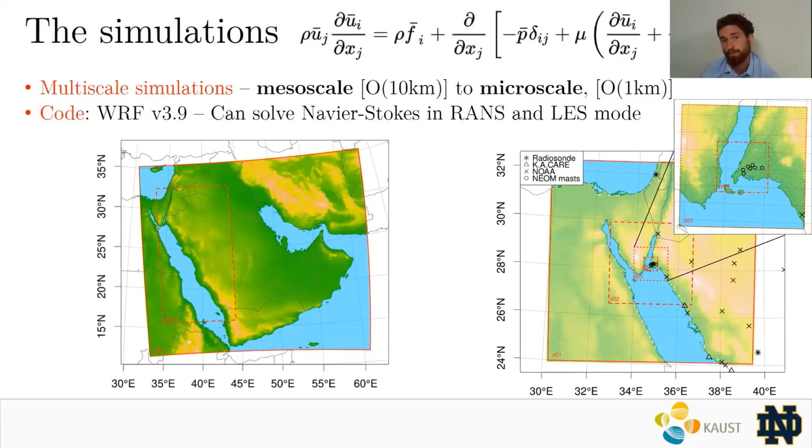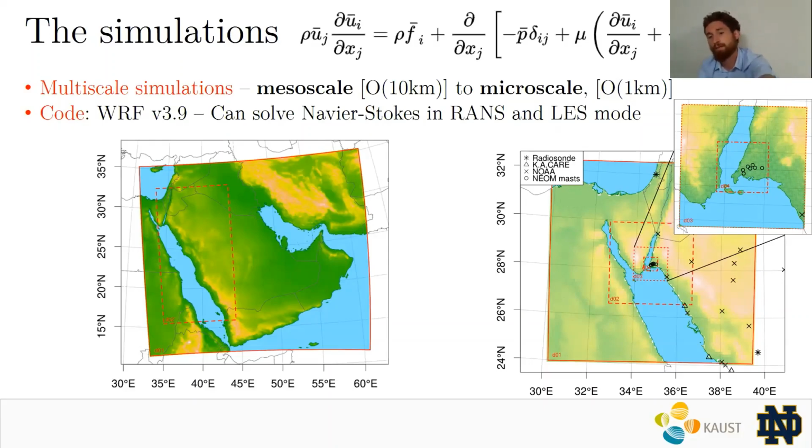And by doing that, we can have a very fine vertical spacing. So in the horizontal direction, we have grid cells that are 6 kilometers large, but at the same time, we can have very fine vertical spacing, like 20 meters in the vertical dimension, which allows us to reconstruct the vertical profile of wind speed, which is also very important, for example, to understand how tall a turbine should be, because different regions experience different vertical wind profiles, and therefore the choice of the hub height is very much dependent on this.